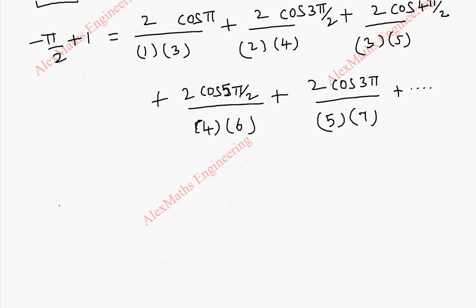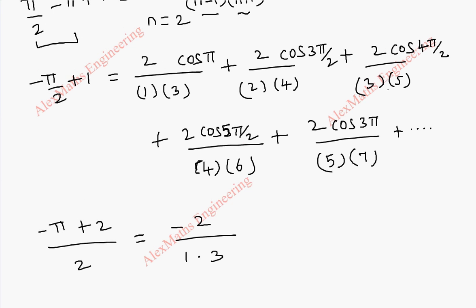Now finally this is, by taking LCM, minus pi plus 2. Cos pi is minus 1, so minus 2 by 1 into 3. Cos 3 pi by 2 is 0. Odd multiples of cos 90 are 0.